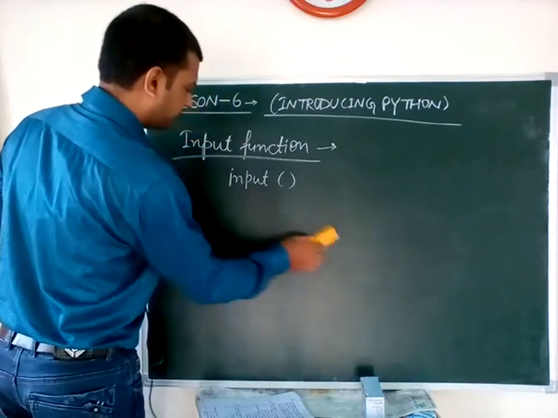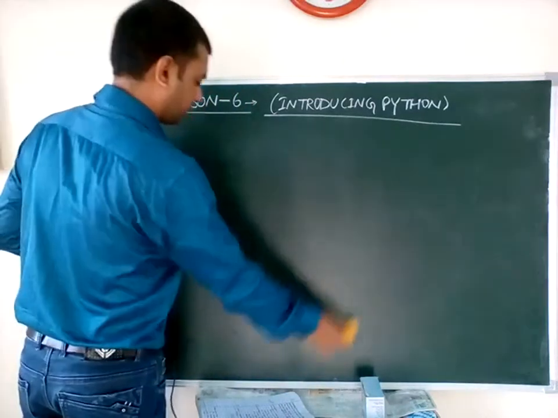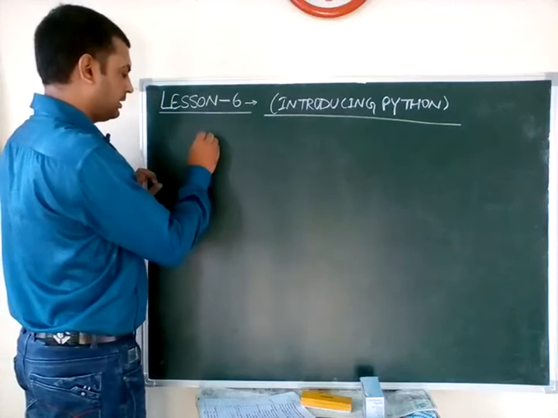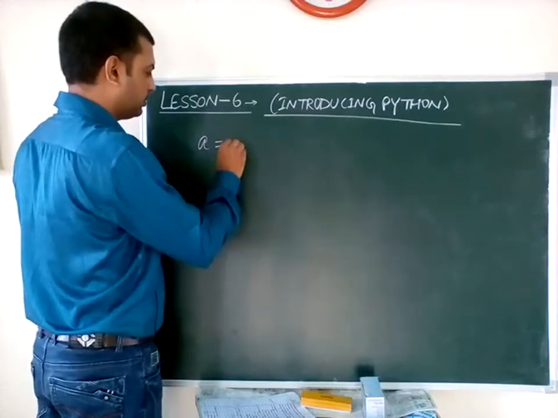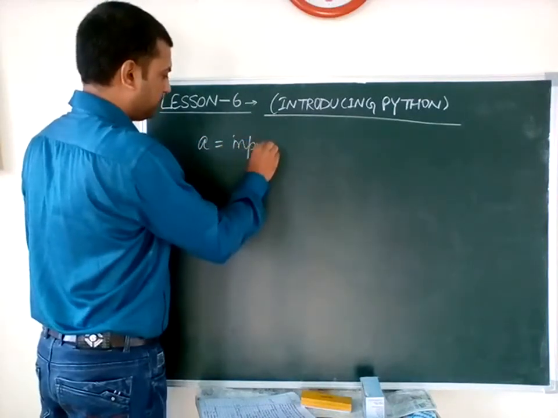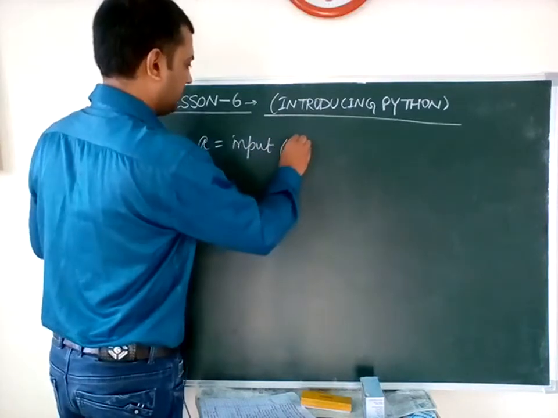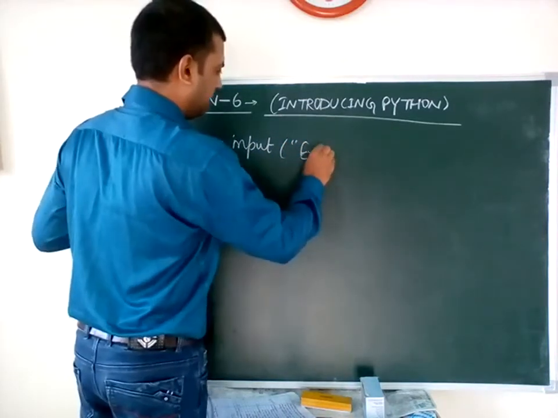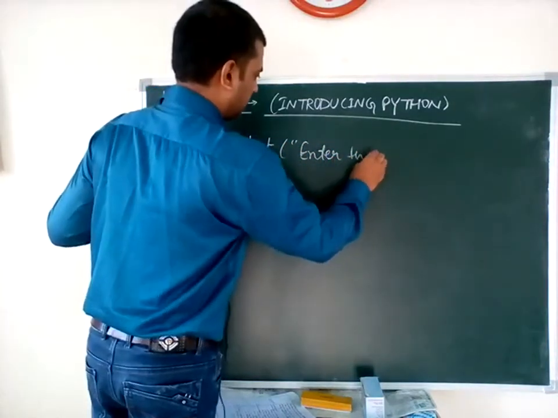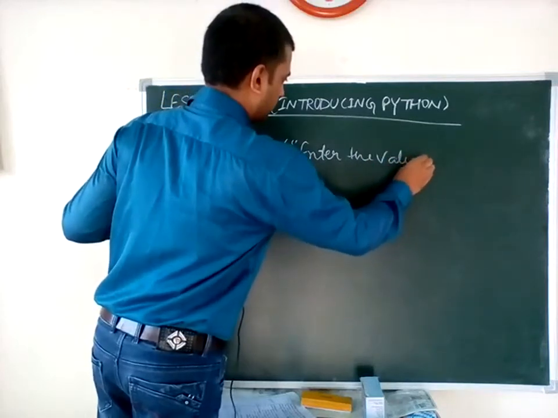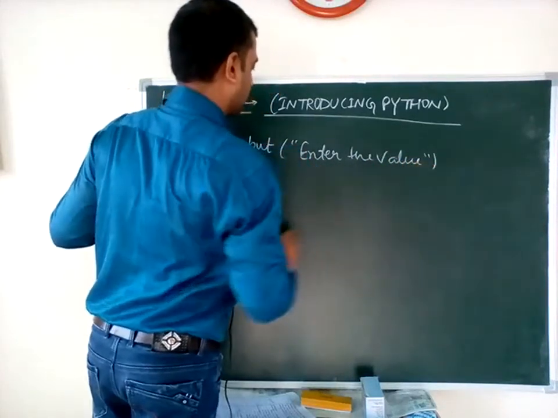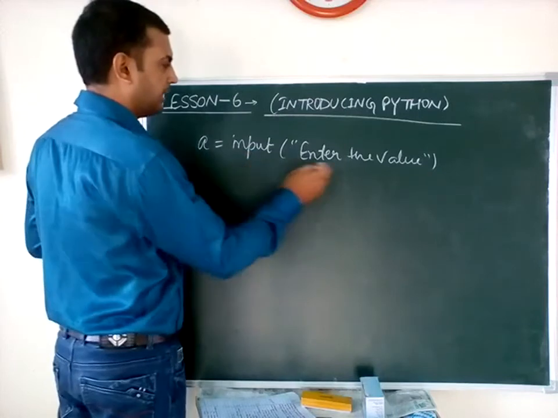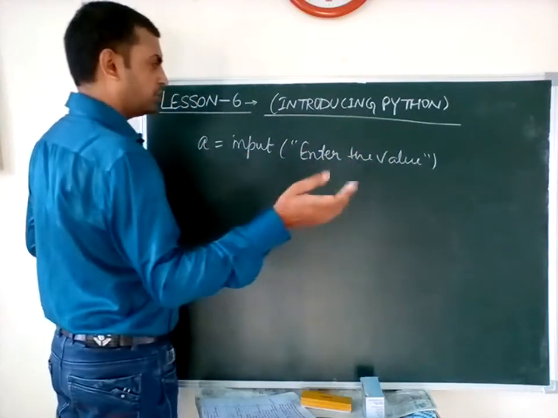For example, I am showing you one small example: a is equal to input, enter the value. So this is the input function, and this sentence will be shown to you.